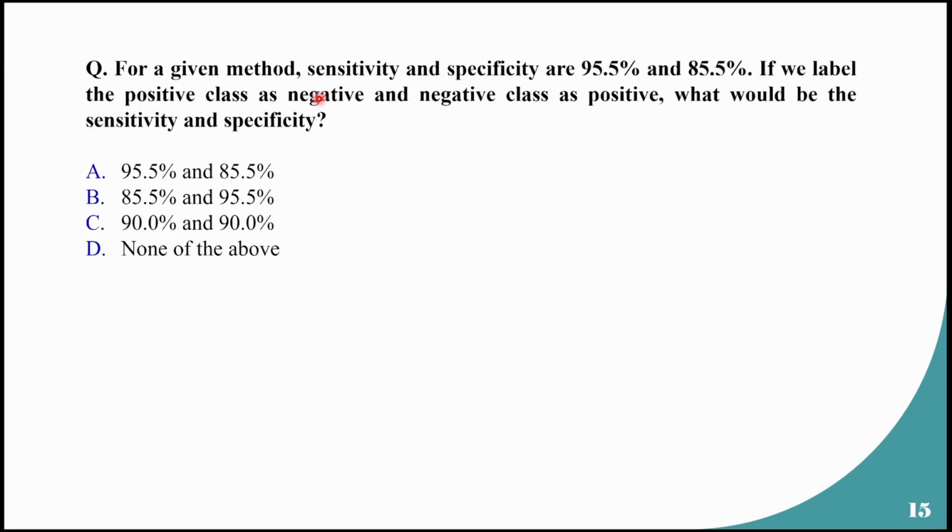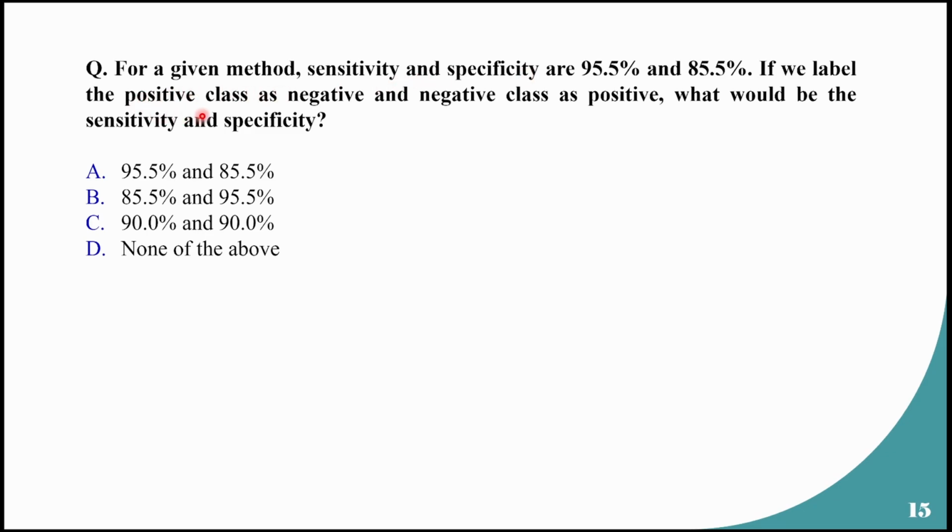And yeah, so we have talked about sensitivity, specificity, etc. We have discussed the formulas. So in this particular question, the next one, we have been given, for a particular method, sensitivity and specificity values of 95.5 and 85.5 percent, right? Now you are asked to switch the labels in this model.